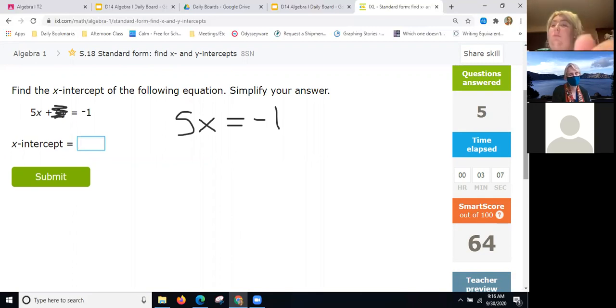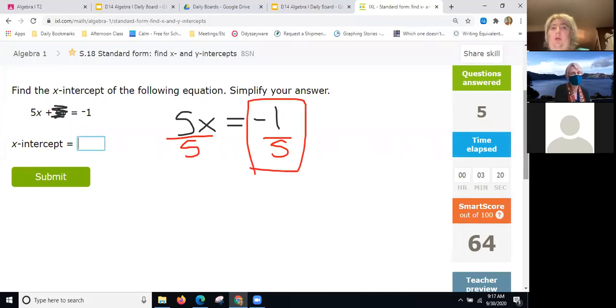The answer is not -5. Because think about if you were solving it, which one's going to be on the bottom? The 5. So this is what you want to answer, -1/5. So if it doesn't divide evenly, remember that it's the constant.